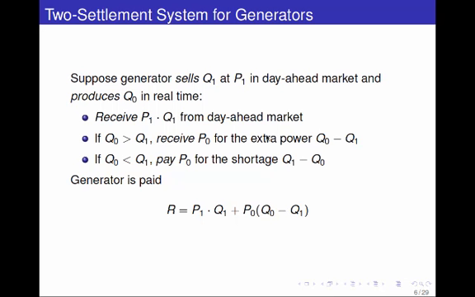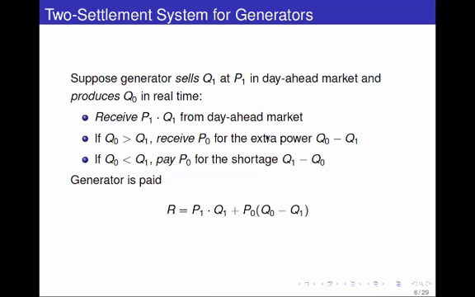You can lock it in and sell at that price. And if you do what you promised when you locked in that price, so if you produce the quantity you promised, then the real-time price doesn't affect you. You just get paid the day-ahead price. Now, if the real-time price is high enough, you might want to produce more than you promised in your forward contract.